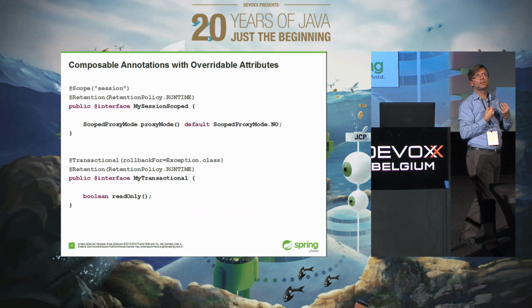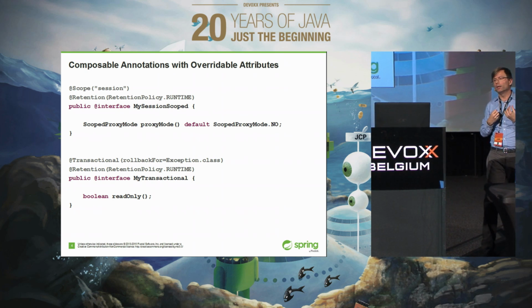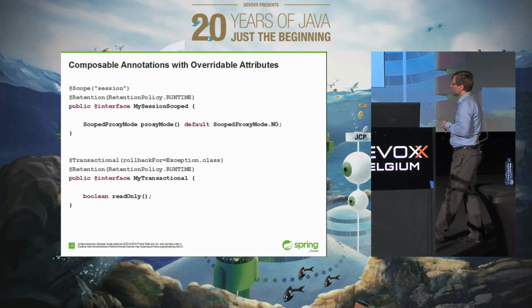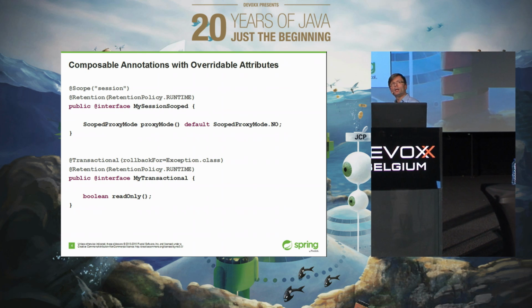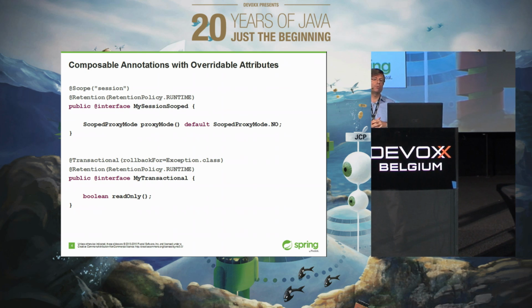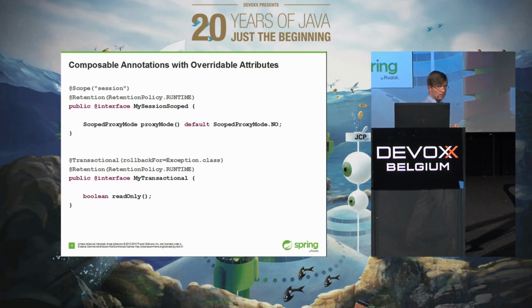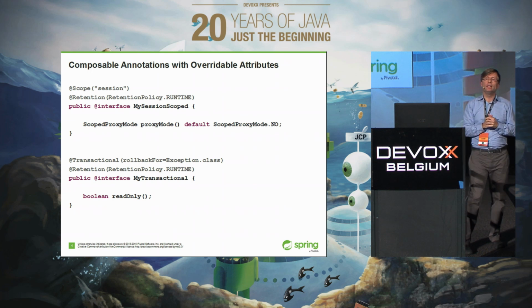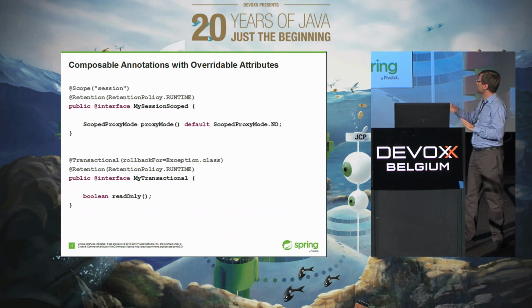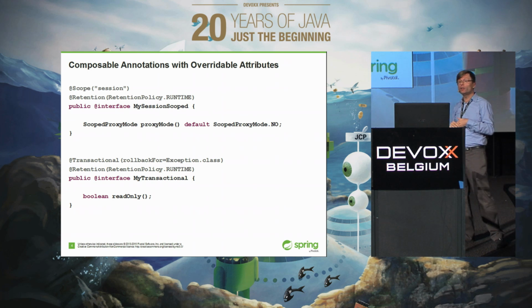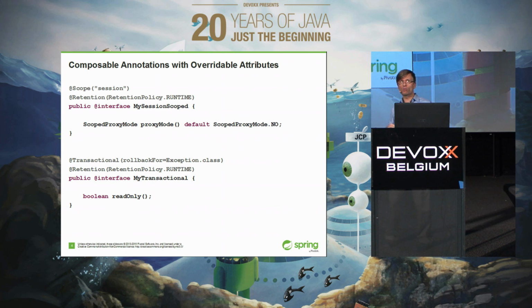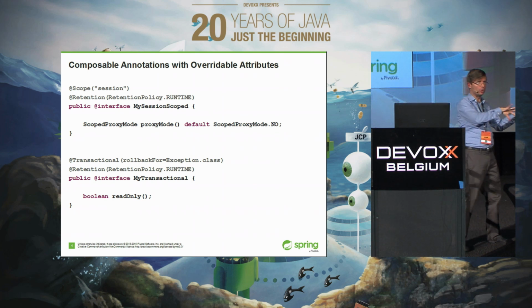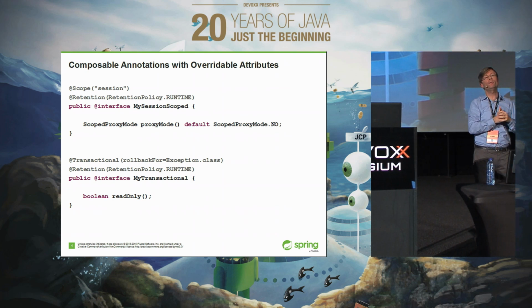You get the raw instance on request if you access a scoped component, and you can enforce proxying through target class or interface proxies on the proxy mode here. The proxy mode is set to no by default, so no change in the defaults, but you could choose a different default. Redeclaring an attribute means you allow your users to change it. You could also choose a different default.